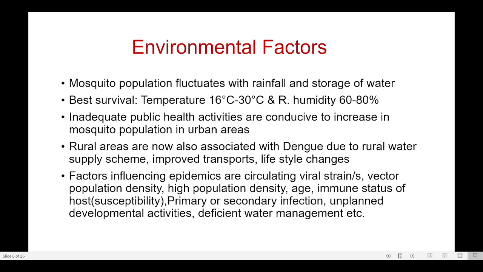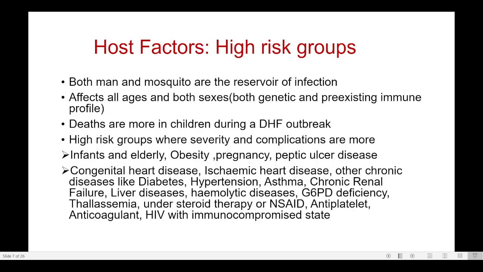Whether it is a primary or secondary infection determines whether dengue will occur in minimal form or in severe form. Also unplanned developmental activities and deficient water management. So all these environmental factors have great influence on the occurrence of an epidemic in a community.